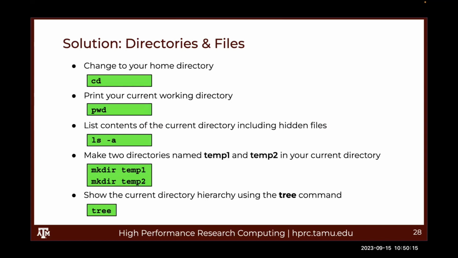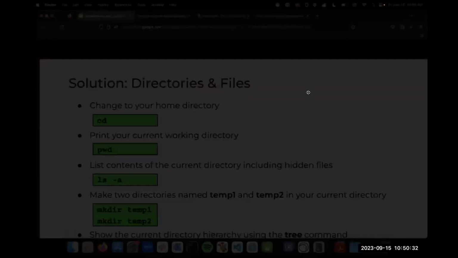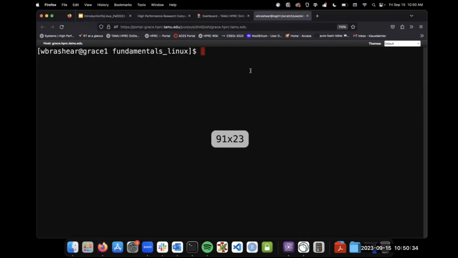Just change to your home directory. You just do cd blank, it'll automatically go to your home directory. To print your working directory, to make sure you're there, just do pwd, list the contents with ls -a, and then we made two directories, and then did a tree.